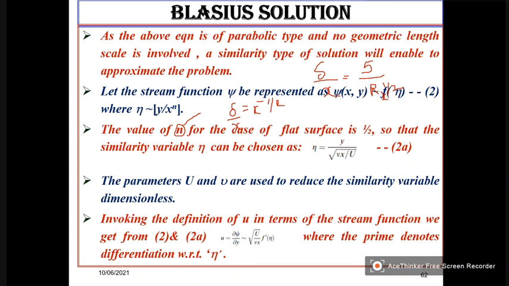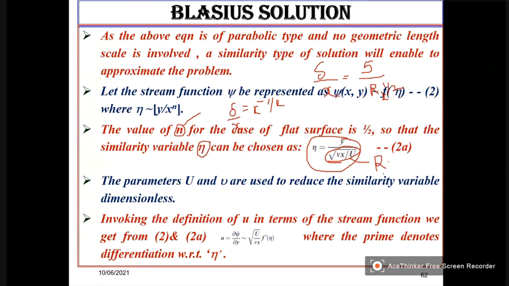So the similarity variable eta is chosen as this. This is nothing but Reynolds number. So this we know.